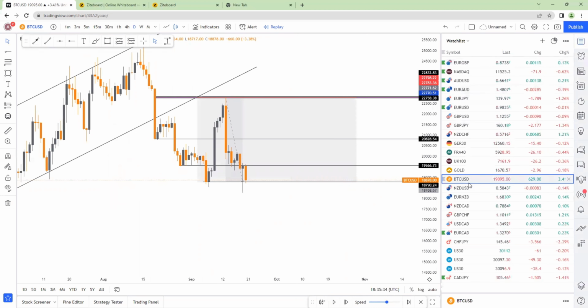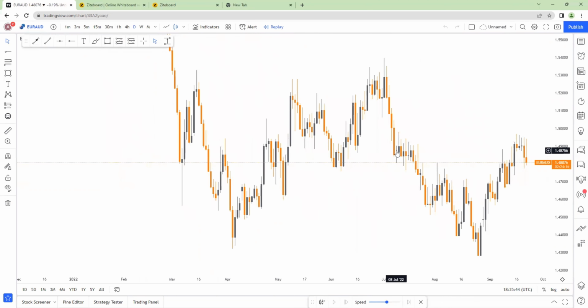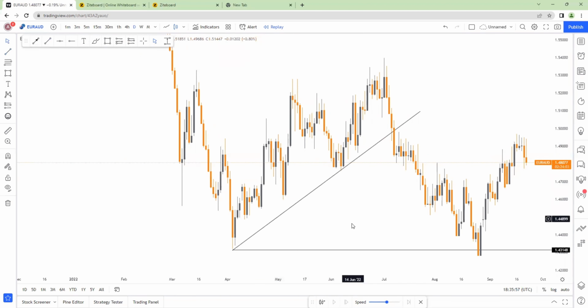Let's see. We have Euro Aussie, I guess. Also, we have some simple example. Euro Aussie. Okay. So we have price moving, creating highs and lows, a channel-like structure.